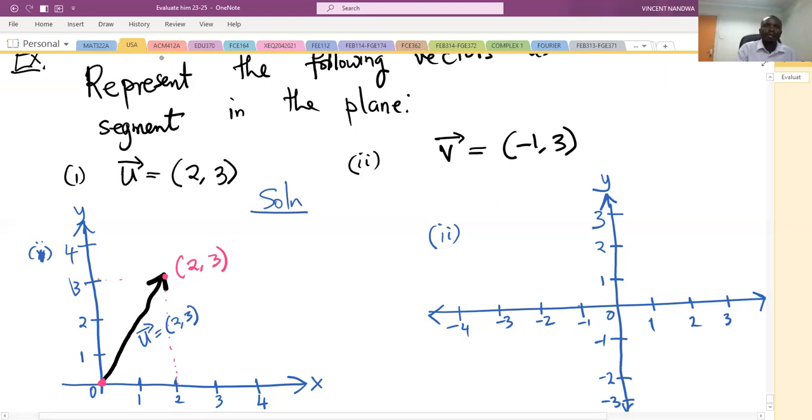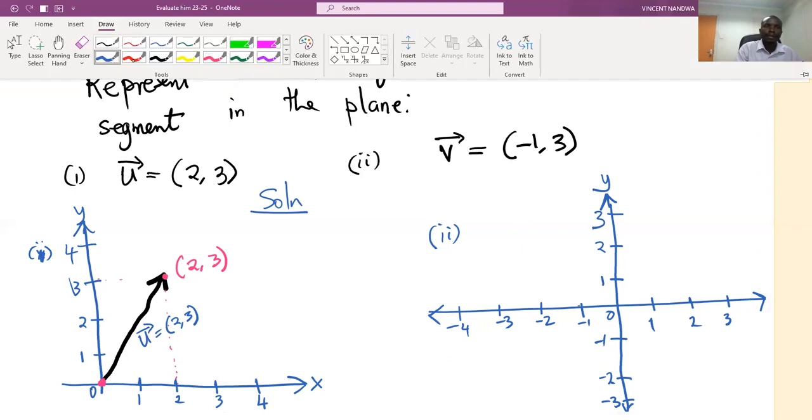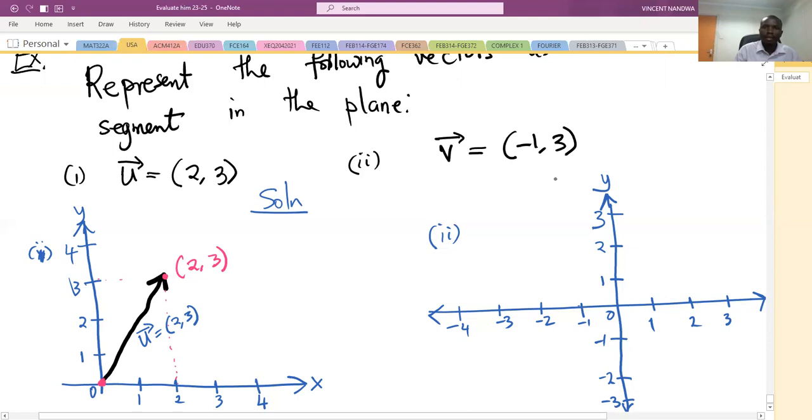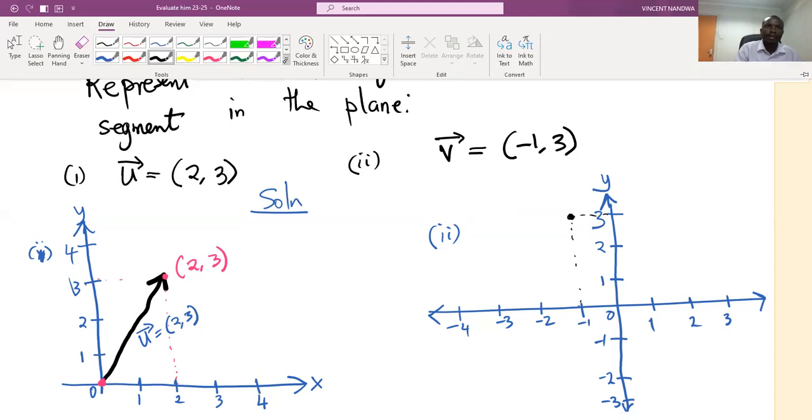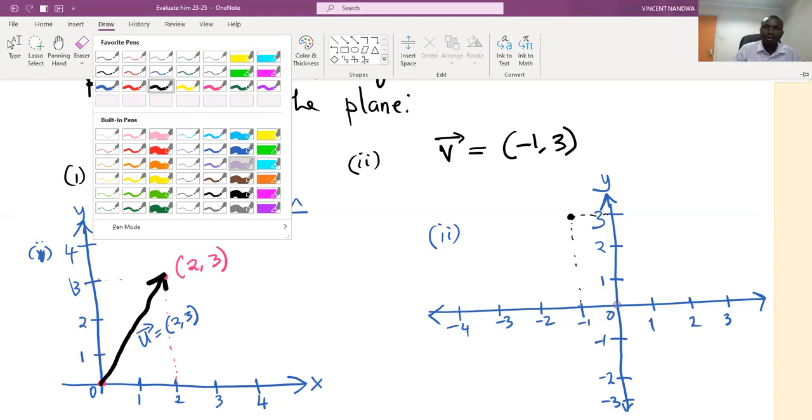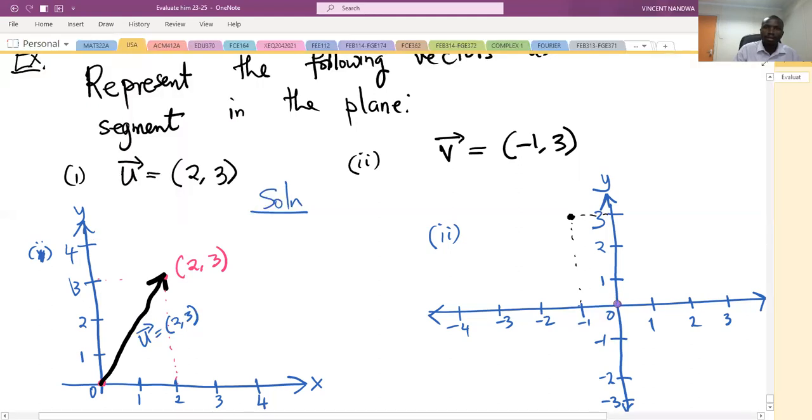And then for this other one, -1 on the x and then 3 on the y. So this is a point, and this is our origin. So you draw a directed line from the origin to that point.